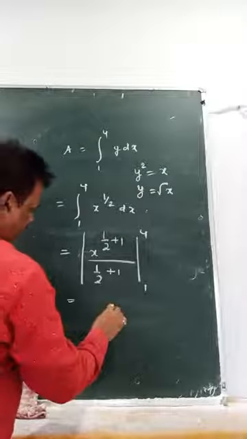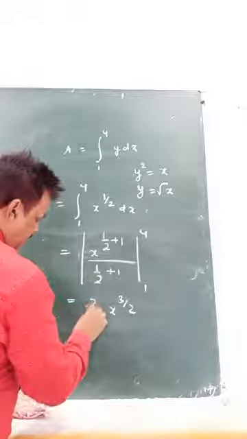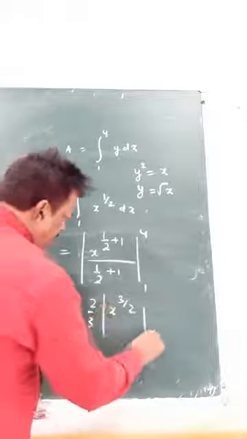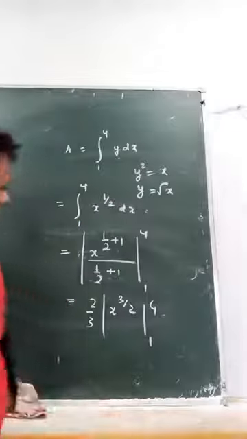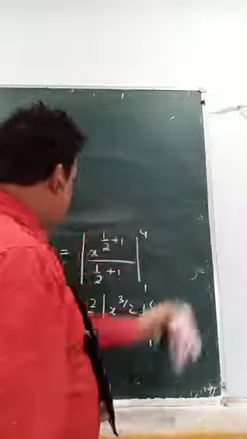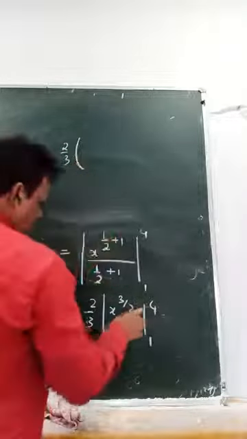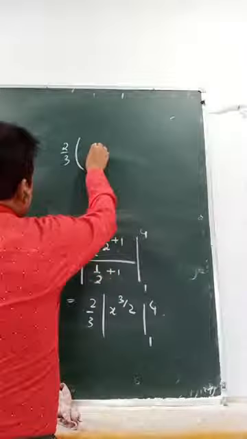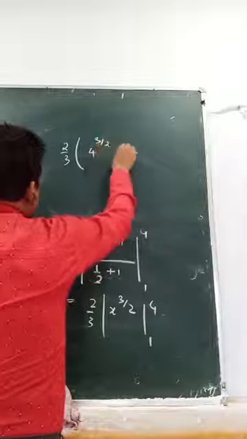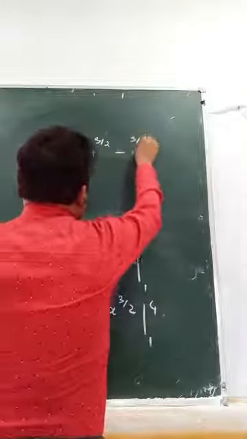This is 3 by 2. This is also 3 by 2. It will become 2 by 3, limit is 1 to 4. Okay, put the values. You will put 2 by 3. First you put x is 4, 4 to the power 3 by 2, minus x is 1, 1 to the power 3 by 2.